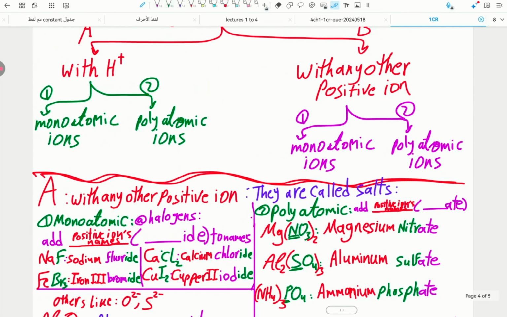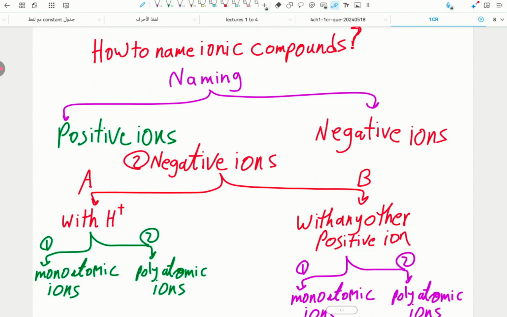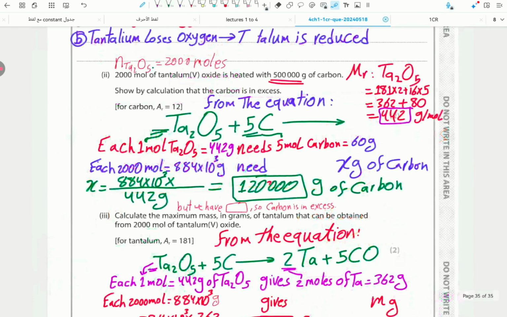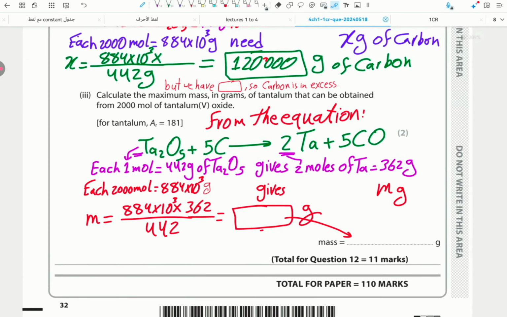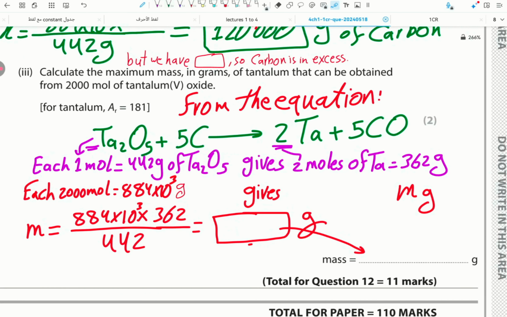Now, my friends, let's go to the last question here. Calculate the maximum mass in grams of tantalum that can be obtained. Also here, we have 2 ways to calculate these numbers.